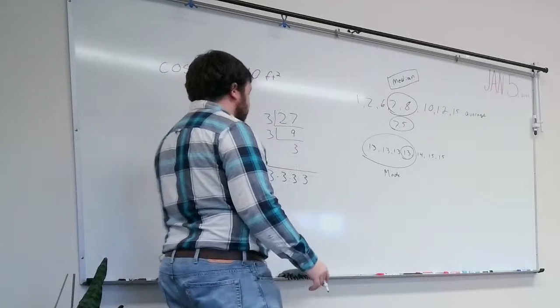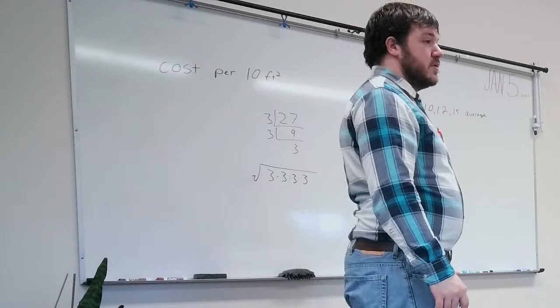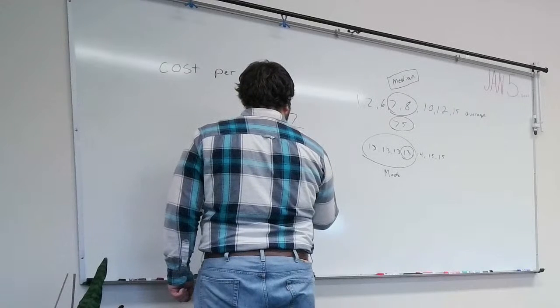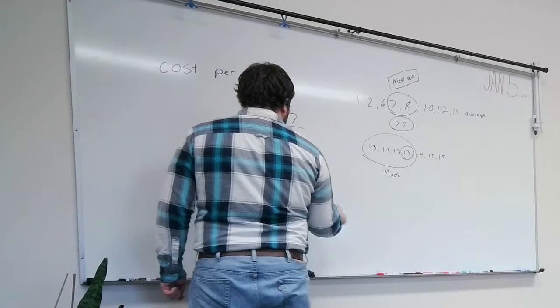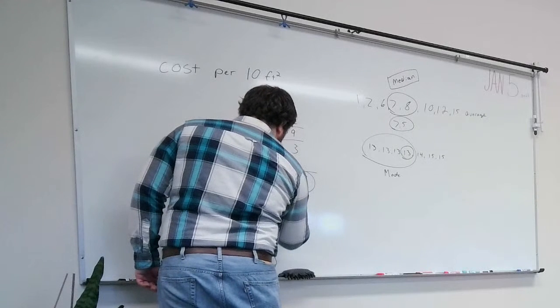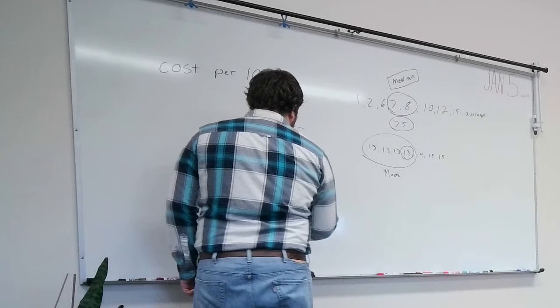Now we're looking for a square root here, correct? So you end up with a set of 3s and a set of 3s. We factor out, and it winds up being 9, because 3 times 3. So the answer for that one is 9.